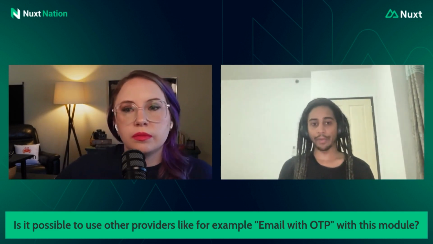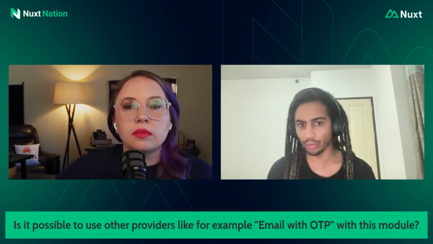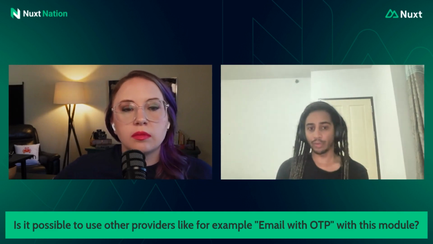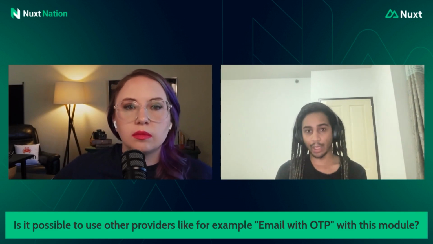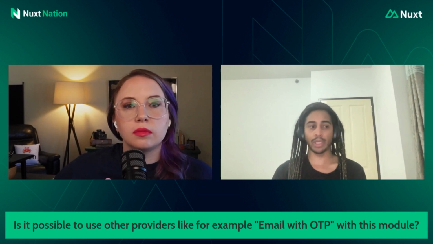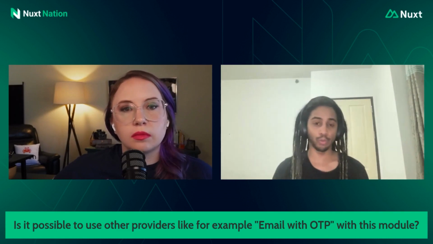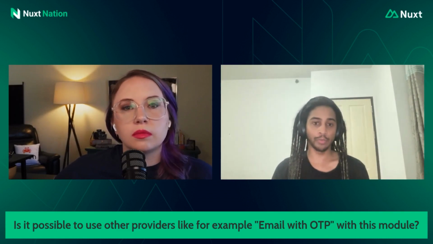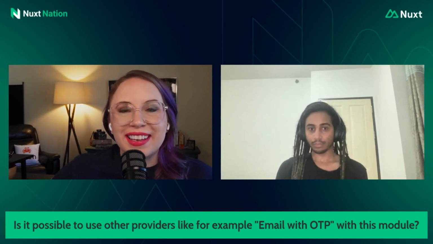And if you want to add some OTP, I think you might have to write a little bit more custom logic. I would need to double check this. But with Auth.js, you can use multiple providers simultaneously. So if you want your application to have OAuth options for people who like to log in with social media accounts and email authentication for people who don't use social media, the module is quite flexible, so you can do it.